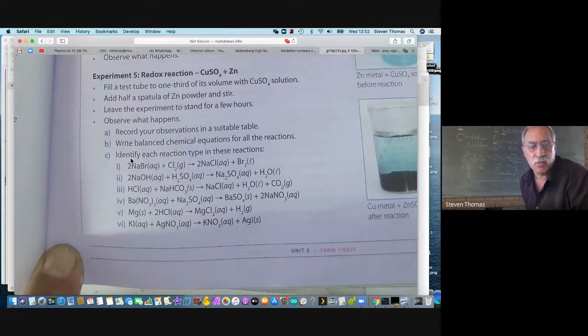Some of them are maybe not going to be redox, so just work out which ones are redox and then find which is oxidized, which is reduced. Thanks. So just copy each of those down and do it.